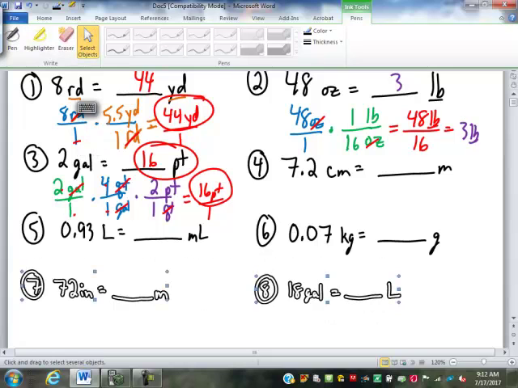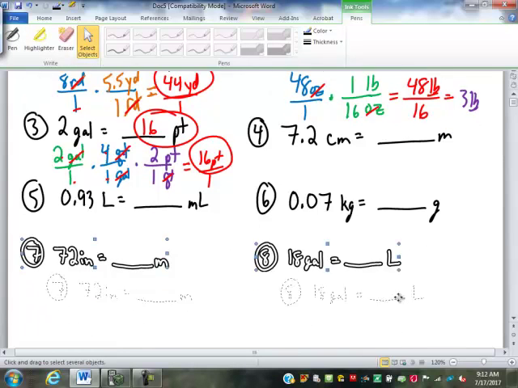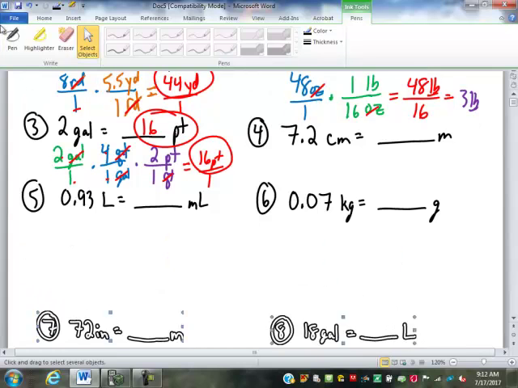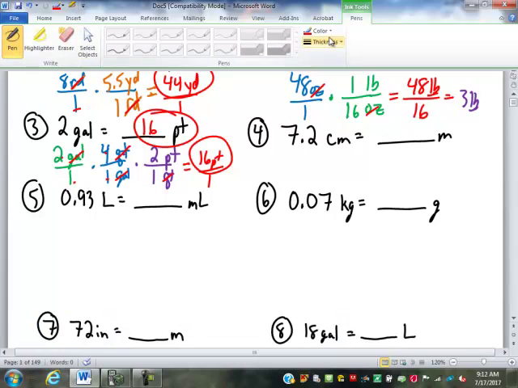For my metric conversions, I can do the same type of thing with a conversion factor, but it's much easier if we keep the metric chart handy and just refer to it. Remember, in a metric measurement, our main unit is in the center, whether it's a meter, a gram, or a liter. And I'm just going to use grams as my abbreviation.